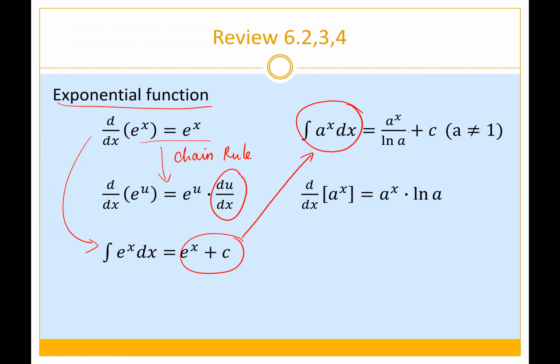This one is usually not provided, so I would recommend remembering it, because it's really helpful in case you're given something like 2 to the x times sine of something, where you have to use integration by parts, which you're gonna learn in the upcoming lectures. This is gonna be really helpful. And then finally, we have the corresponding derivative for that.